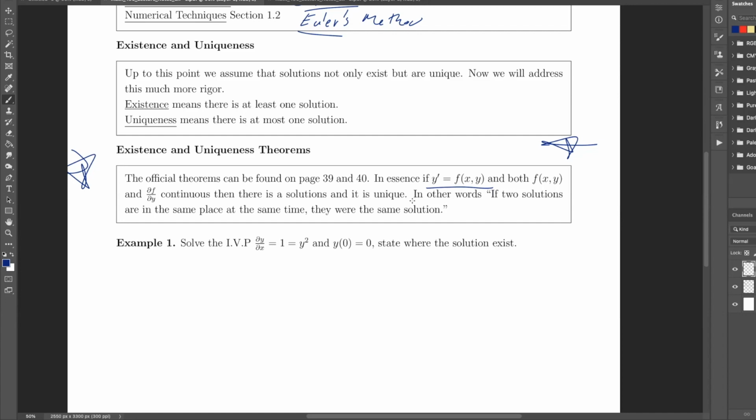There's also something else that's really nice. My old professor used to tell me all the time: if two solutions are in the same place at the same time, they are the same solution. That's what it means if something exists and is unique. If I find two solutions at the same point, even if I derive them two different ways, those are the exact same solution.